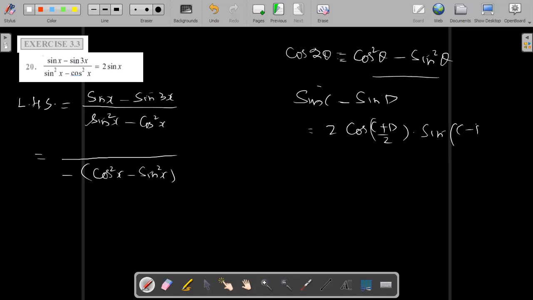So use this formula in the numerator. We get 2 times cos (x plus 3x) by 2 into sin (x minus 3x) by 2.